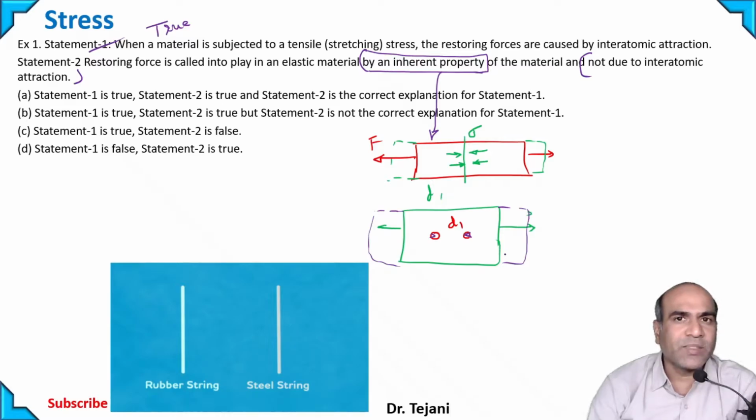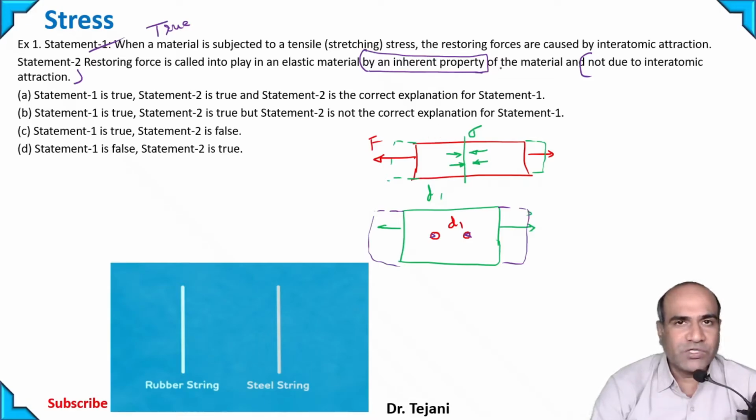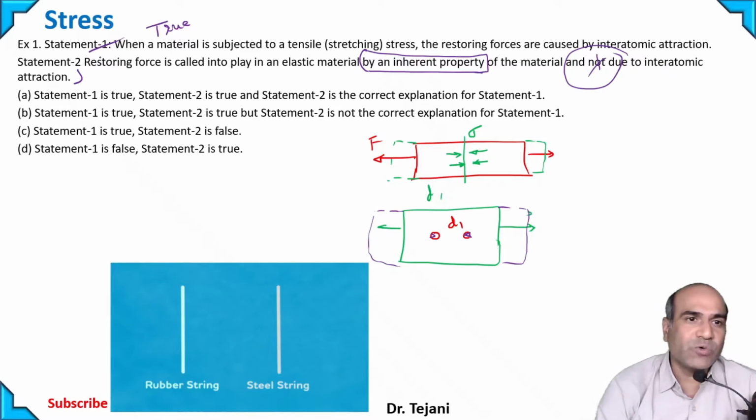It is definitely a property, but it is a property of some molecular movement or some other property. Similar here. It is a property of the material, but because of what? It is incorrect, and it is due to interatomic attraction. Right. So the first statement is true, but the second statement is incorrect. The second statement is false.